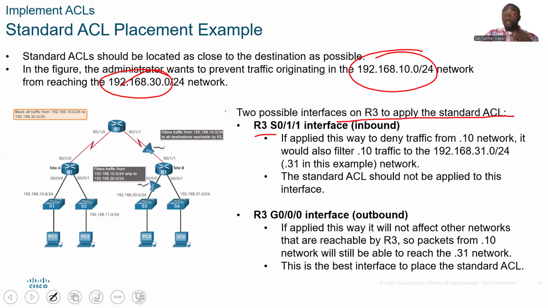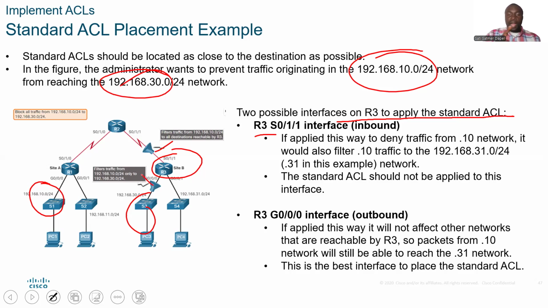The standard access list should be close to the destination, is that not so? This is the 10.0 network, this is 10.30. Where is the destination router? This is the destination router here. So you can apply it this way, inbound or outbound. This is inbound or this is outbound.